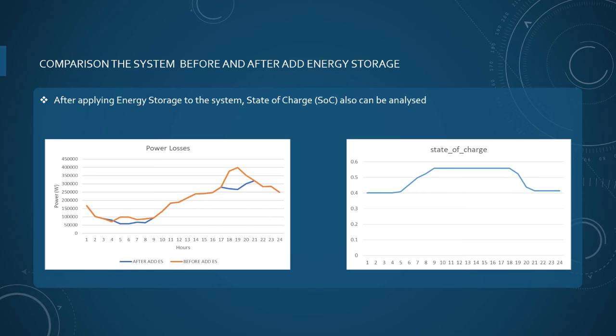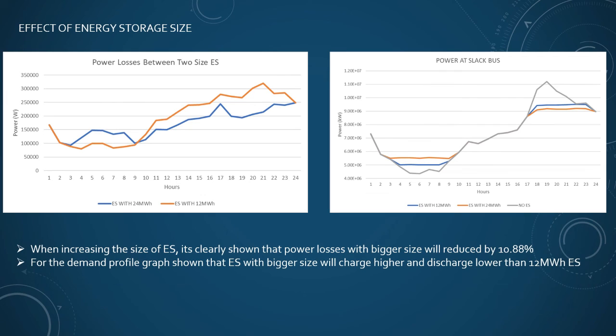The second one is the power losses. It is shown that after adding the energy storage, the power losses at the peak hour are lower than before adding the energy storage.